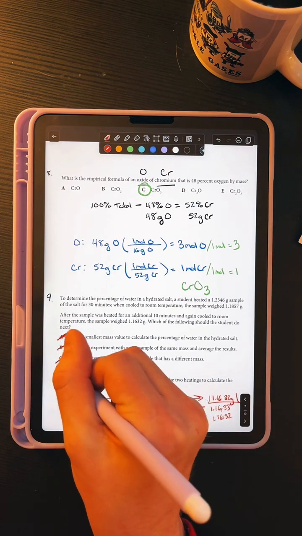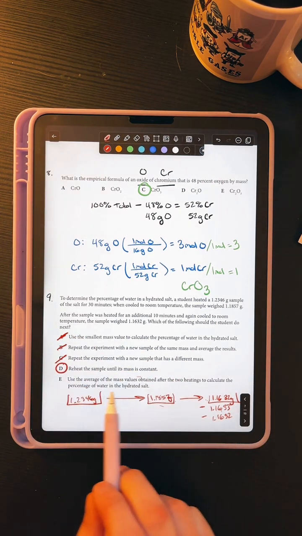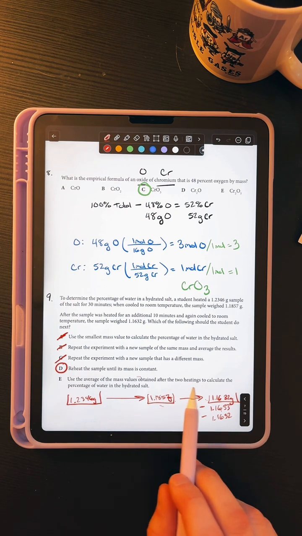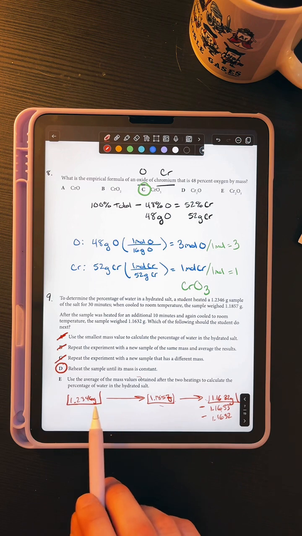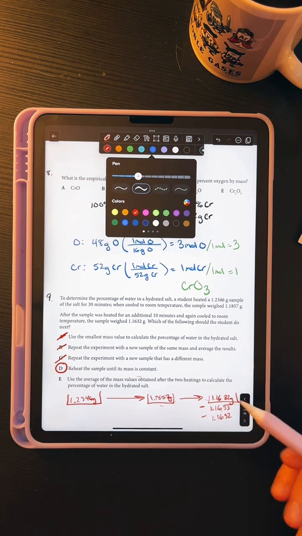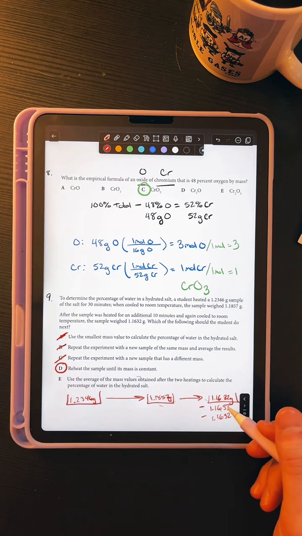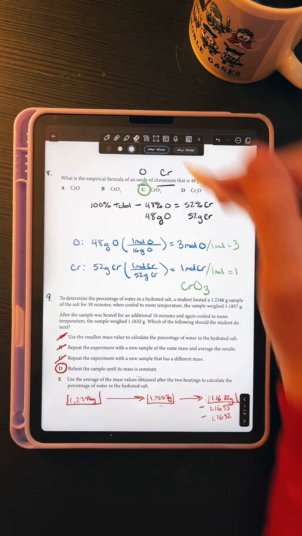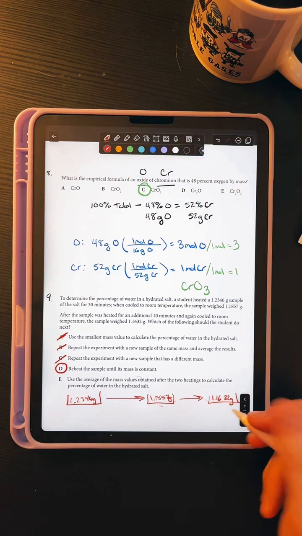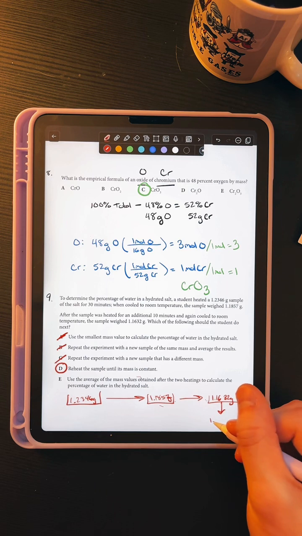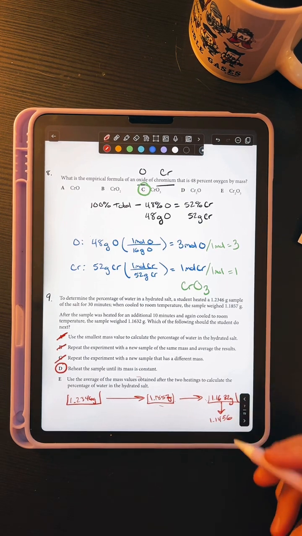So we're going to reheat the sample until its mass is constant, or use the average of the mass values obtained after 2 heatings to calculate the percentage of water. So that would be okay if we remained unchanged. But let's say, for instance, we heated it again, and it was 1.1456, something like that.